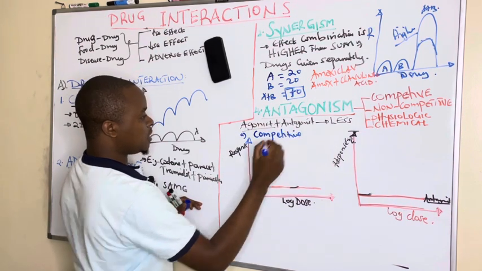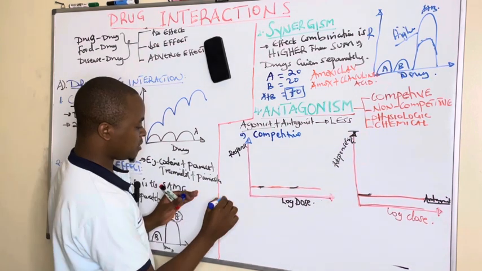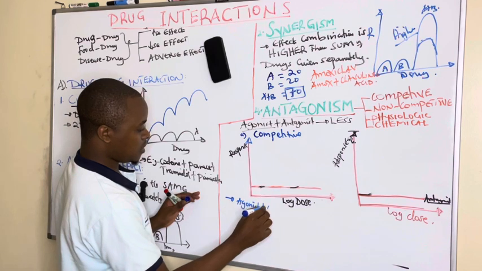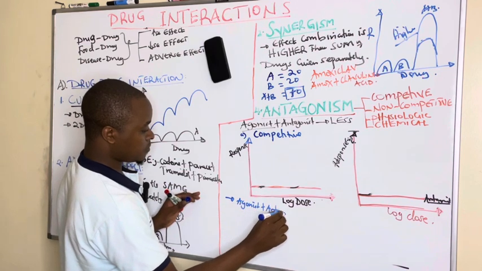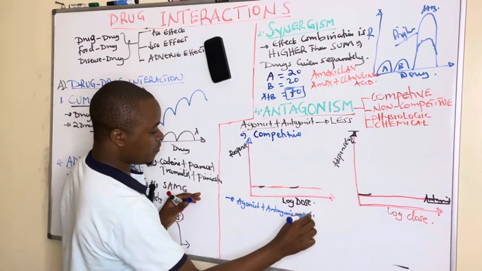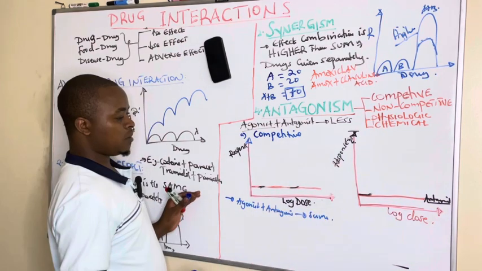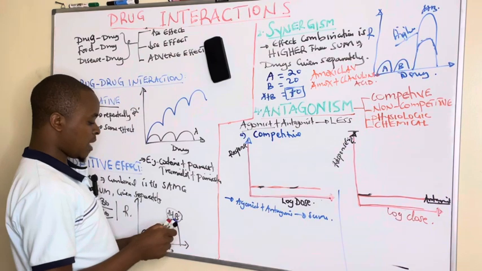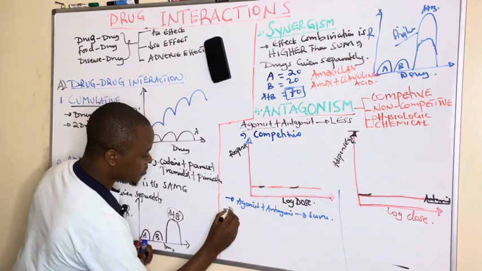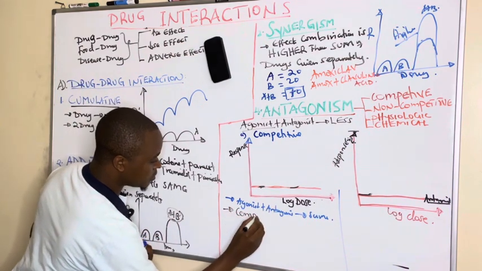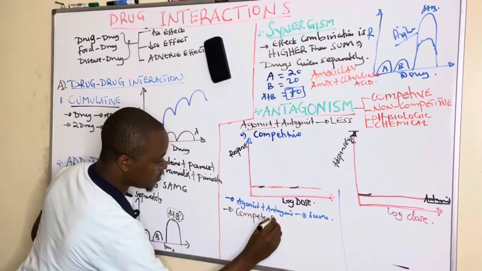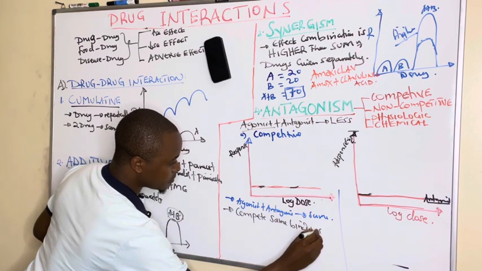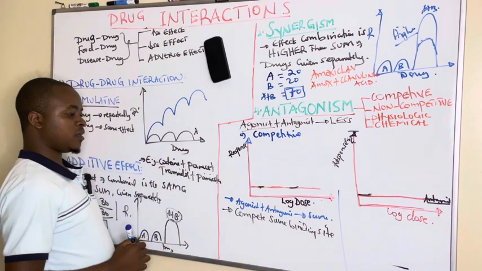In the presence of a competitive antagonist, both the agonist and antagonist have the same configuration, or shape, so they compete for the same binding site at the receptor.